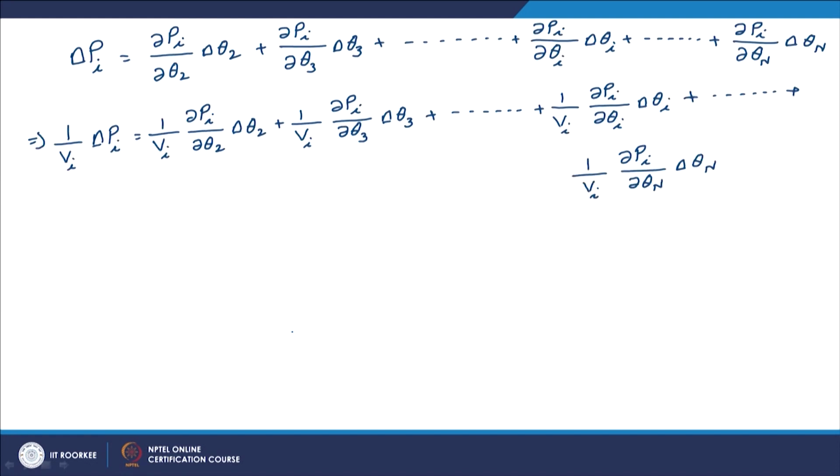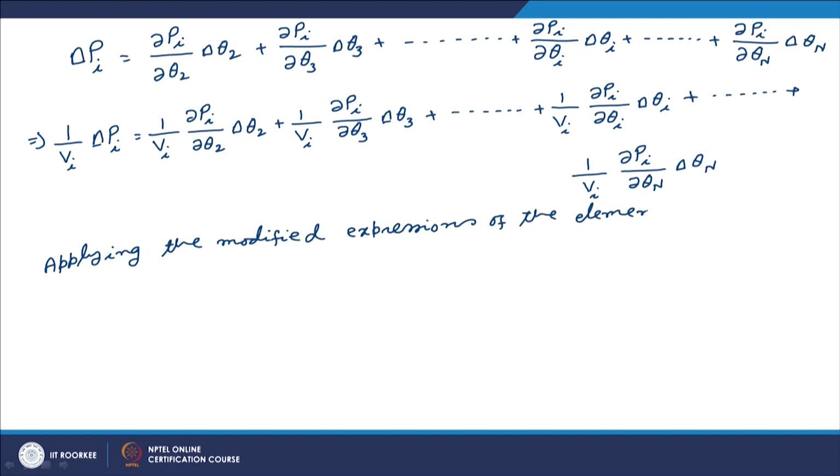Applying the modified expressions of the elements of J1, we get 1 by Vi delta Pi is equal to minus Bi2 into delta theta 2 minus Bi3 into delta theta 3 plus dot dot dot, actually all of them would be minus.